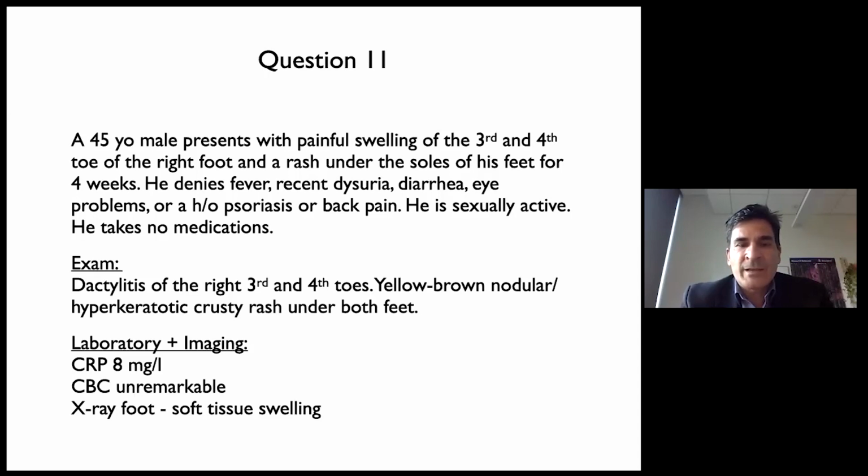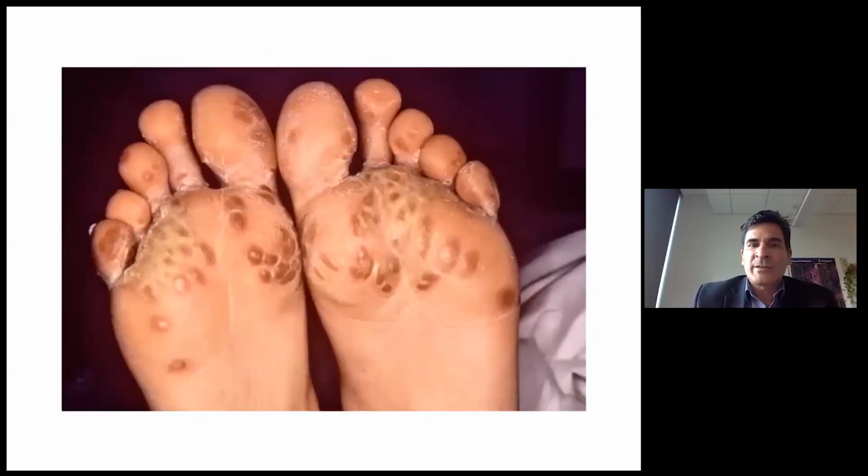He has a borderline CRP. The CBC is unremarkable, and the X-ray of his feet only shows soft tissue swelling, but no destruction. The next slide shows an image of a rash similar to what the patient in the clinical vignette had.